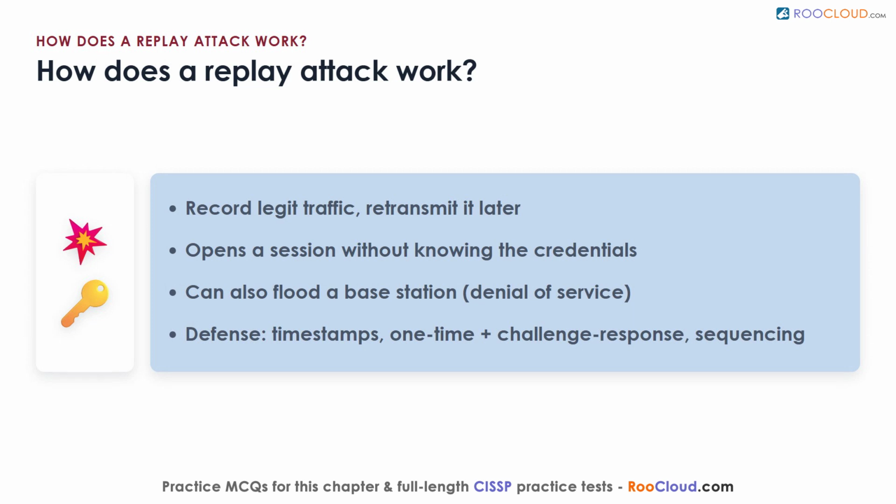Your defenses build in time and freshness. Keep firmware current, run intrusion detection, and use one-time mechanisms, timestamps with expirations, challenge and response exchanges, and sequenced session identifiers. Think of a door that accepts a recorded password today, so anyone who taped it yesterday strolls in.